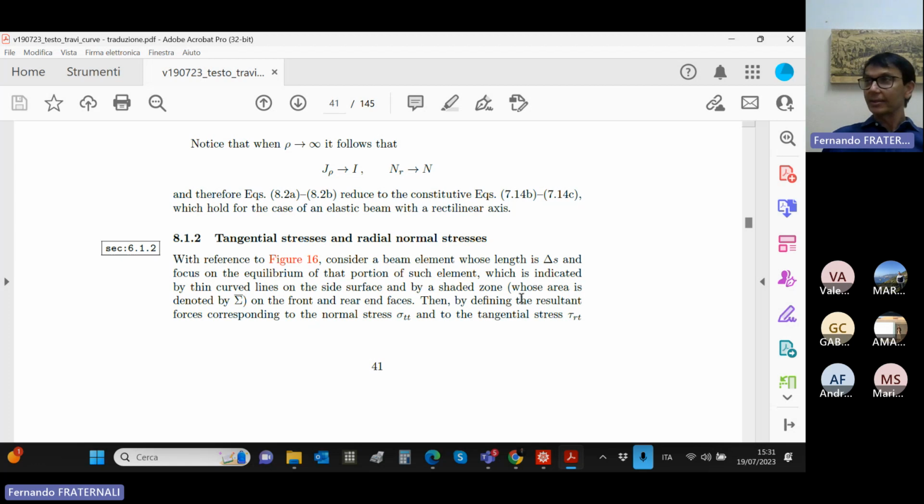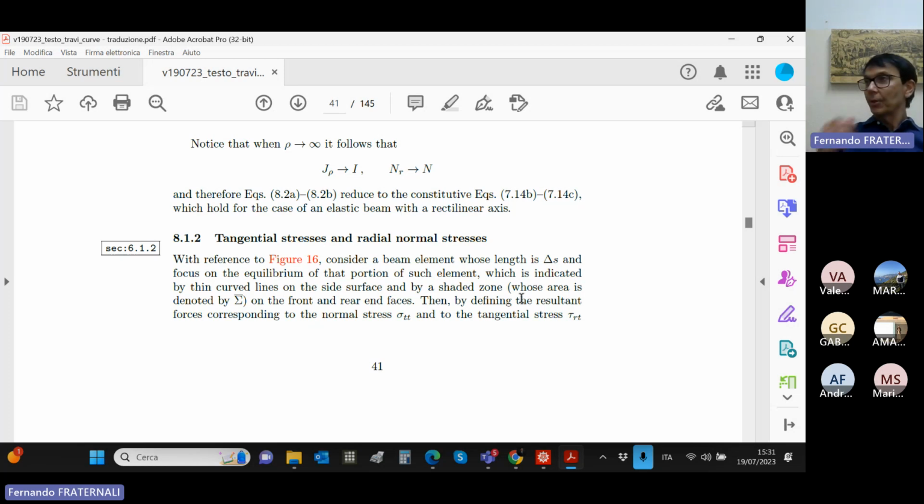This violates local equilibrium equation. So we will develop an extension of the Jourawski theory for shear stresses that is basically completely obtained through equilibrium equations.